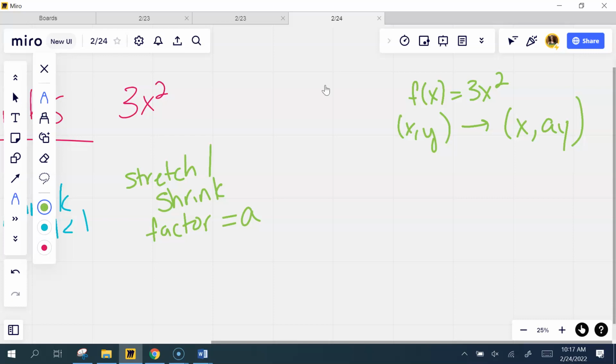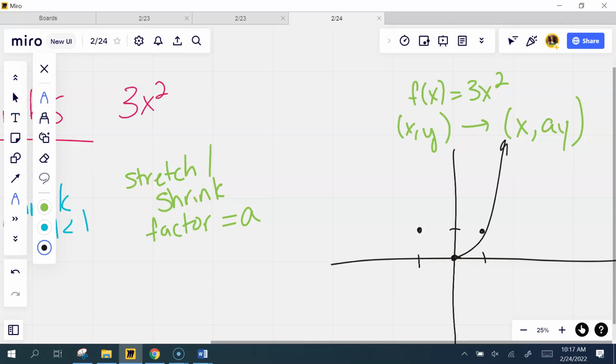So what that means is I've got my parent graph. And again, you don't have to draw the parent graph every single time. But I'm going to draw it just to help you see. There's my parent.